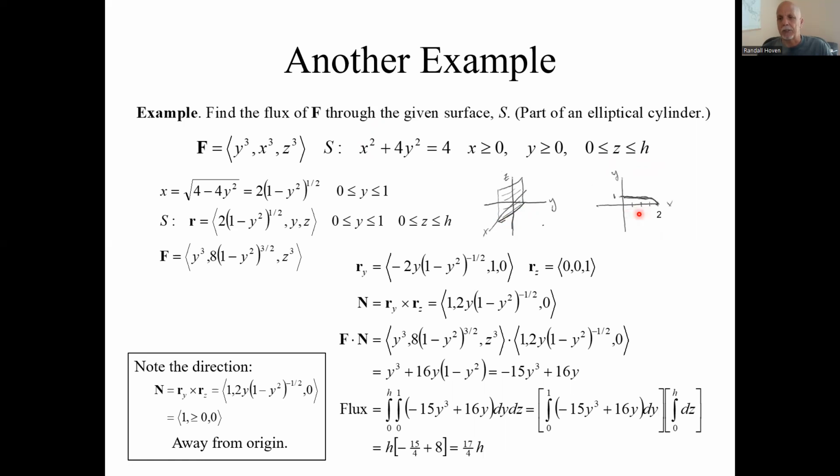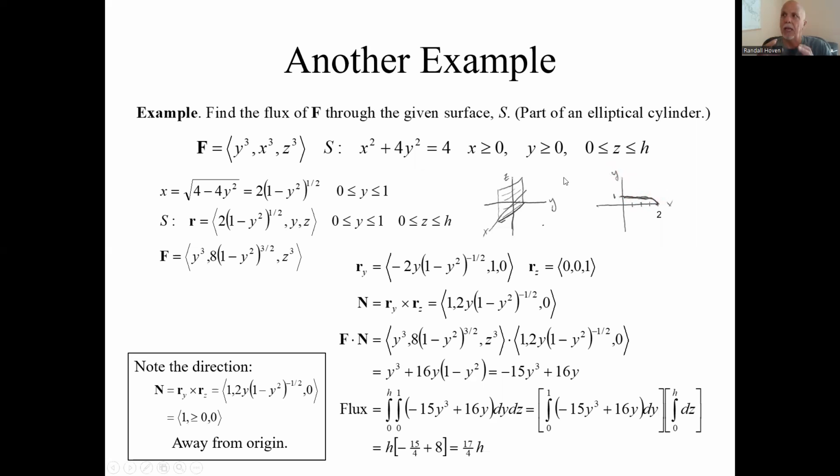My scaling's kind of screwy here, but when y equals 0, it's just x squared equals 4, or x equals 2, x greater than 0. And when x equals 0, you get y equals 4. Something like that when you look down from the top, just strictly in the xy plane.